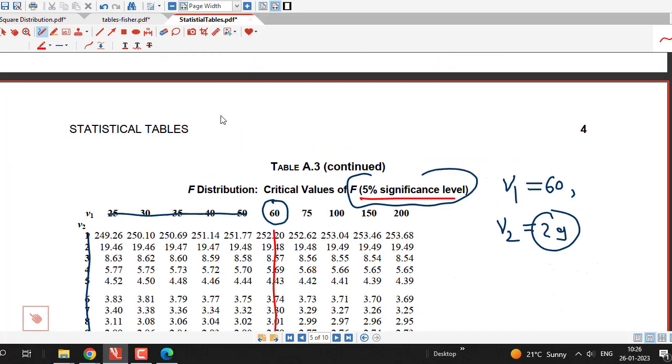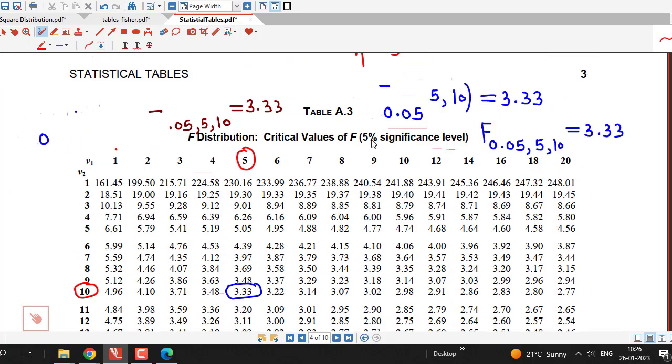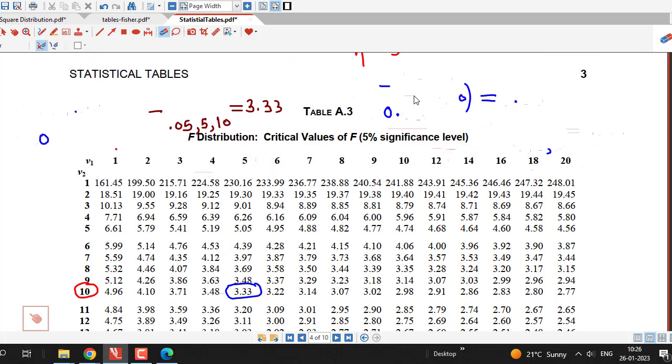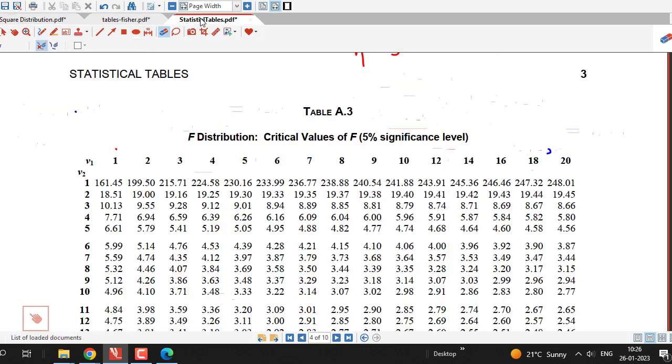So now I have to search for the 5% level of significance and for 11 and 4. So here these are the values, starting from 25. So I have to go here. These are the values for the 5% level of significance, and we have to search for the given numerator and denominator degrees of freedom. So here nu1 is 11, nu2 is 4. Nu1 equal to 11 is not given here.